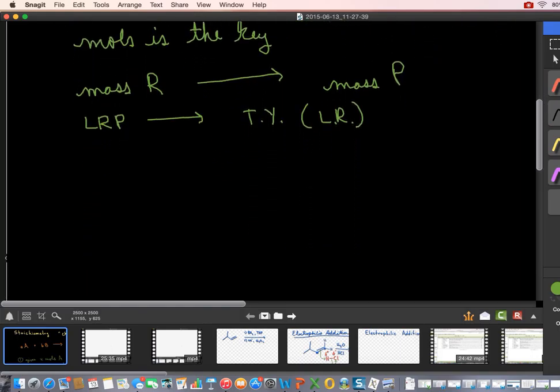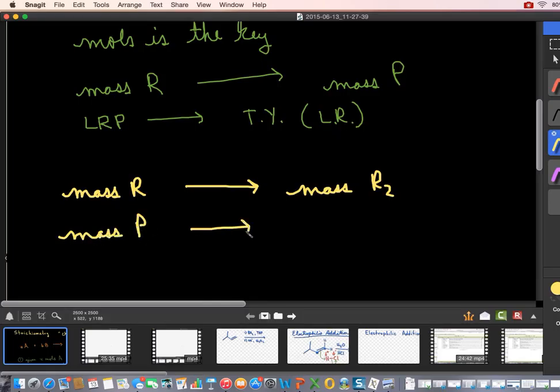Another type of problem that we could have is I am given the mass of a reactant and I want to find the mass of a second reactant or a third reactant or a fourth reactant. Also, I could be given mass of a product, and I need to find what mass of reactant 1 and reactant 2, etc., that I need to produce that product.